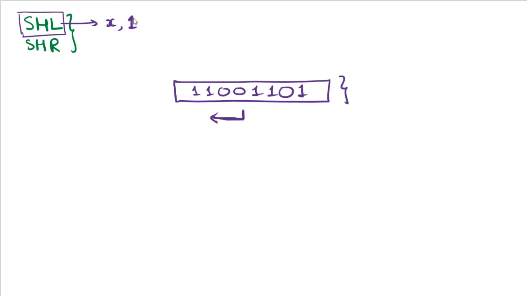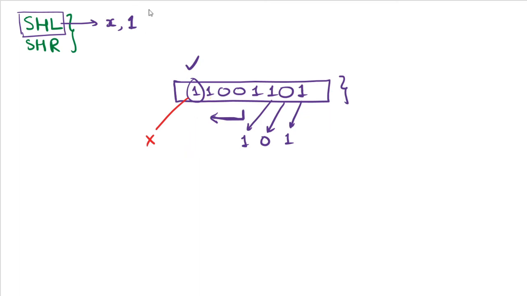So we will be shifting each bit towards the left by 1 bit. What do I mean by that? This 1 will go here, this 0 will go here, this 1 will go here, and so on. This one now will not be here.